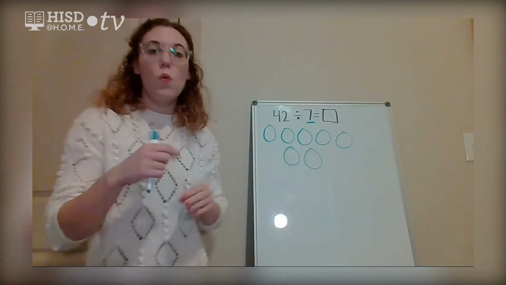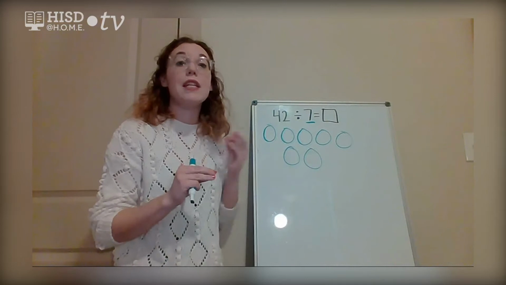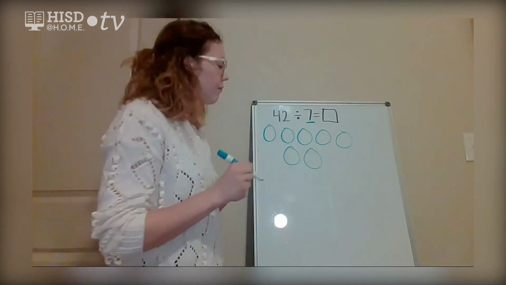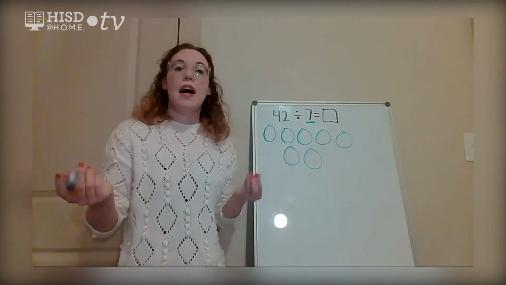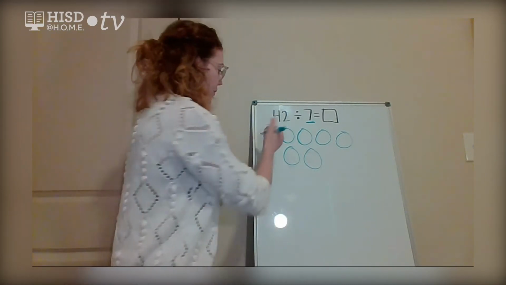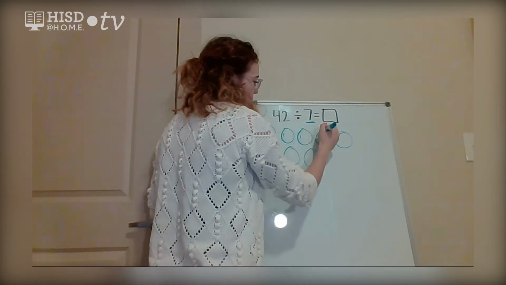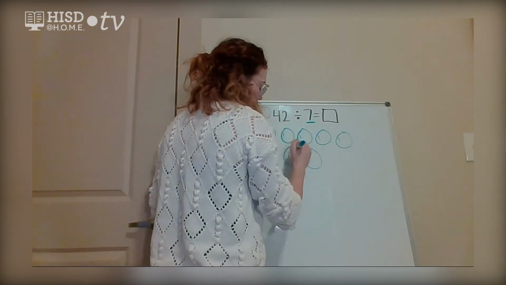And I'm going to count one at a time to make sure each group has an equal number until I get to 42. I like to use tally marks because they're easier for me to read to make sure I'm doing my work correctly. 1, 2, 3, 4, 5, 6, 7.